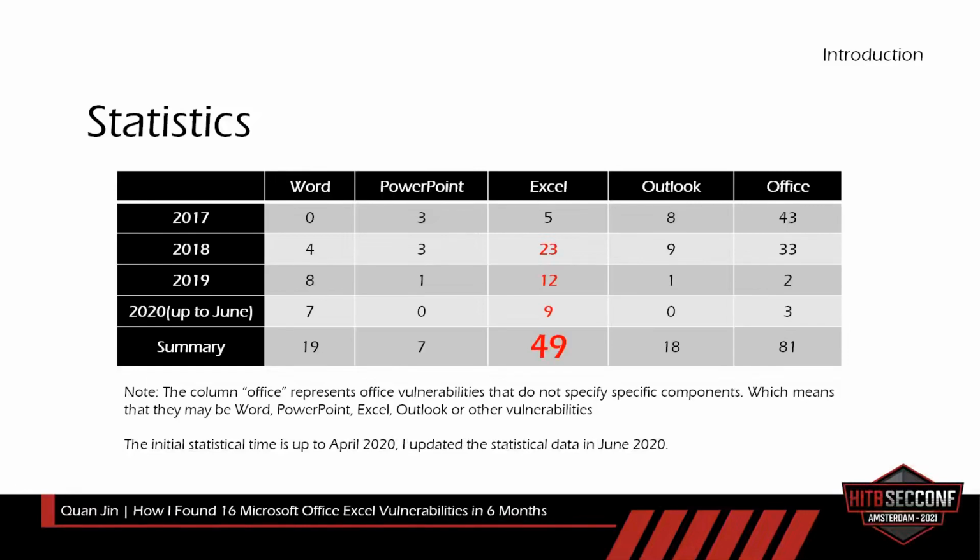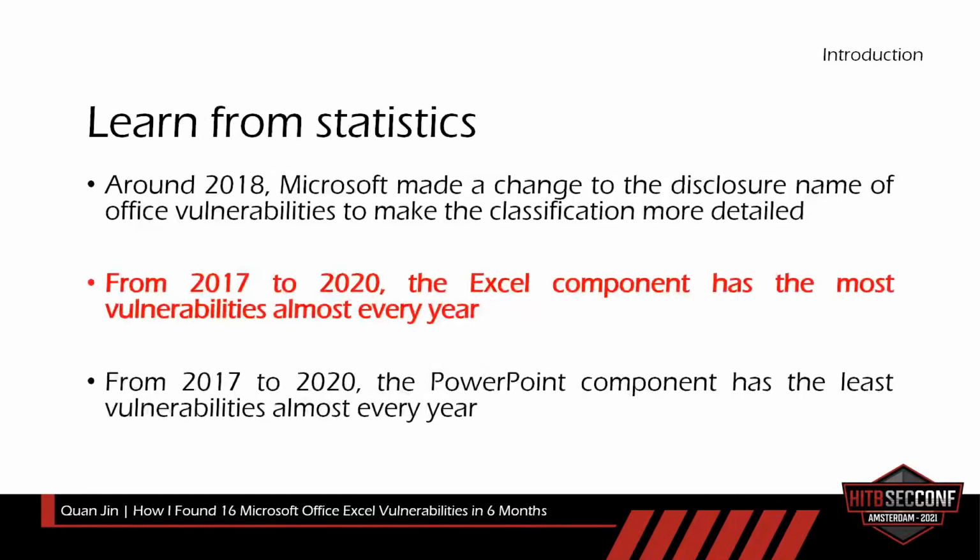Note, the column Office represents Office vulnerabilities that do not specify components, which means that they may be Word, PowerPoint, Excel, Outlook, or other vulnerabilities. We can learn something from the above table.